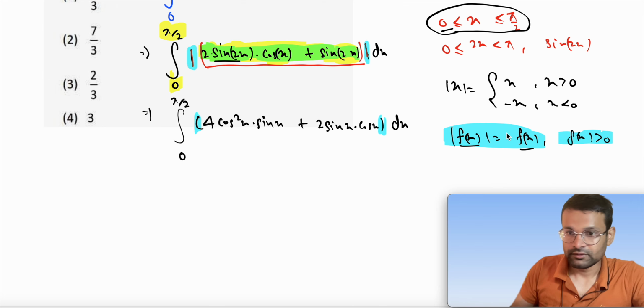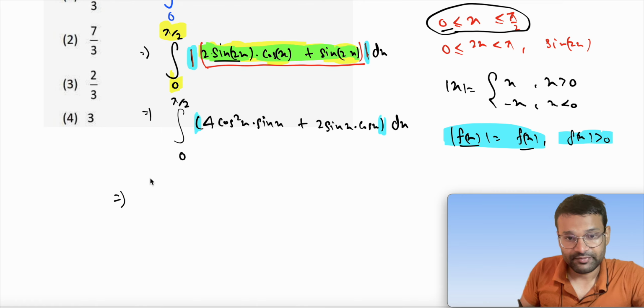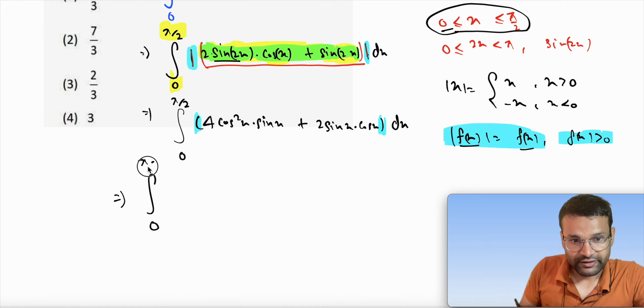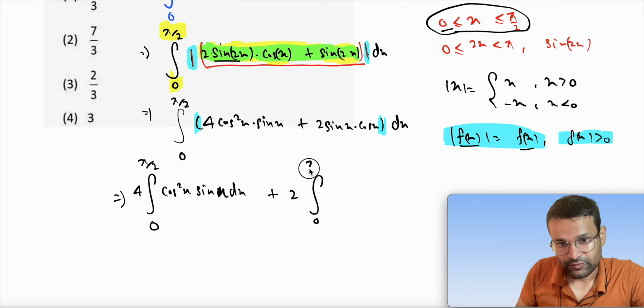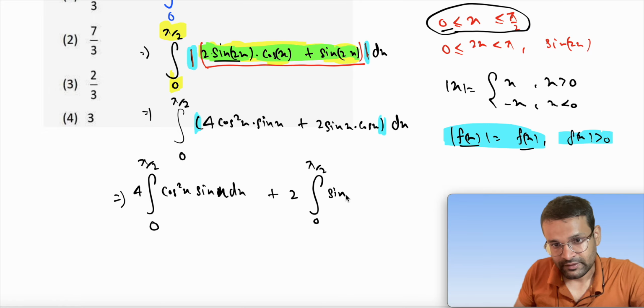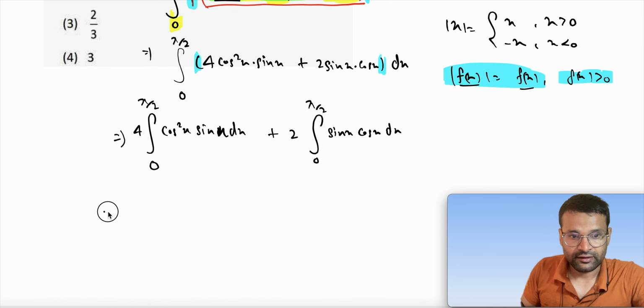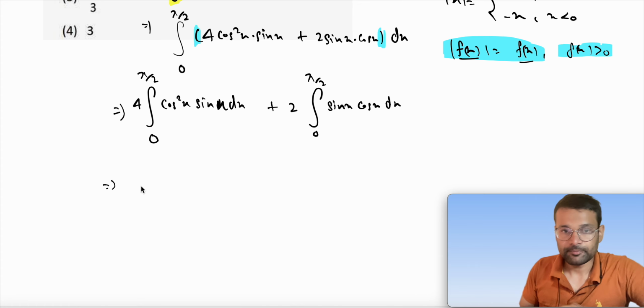Now we solve simply. We separate all of them: 0 to pi by 2, 4 cos square x sin x dx, plus 2 times 0 to pi by 2 of sin x into cos x dx.